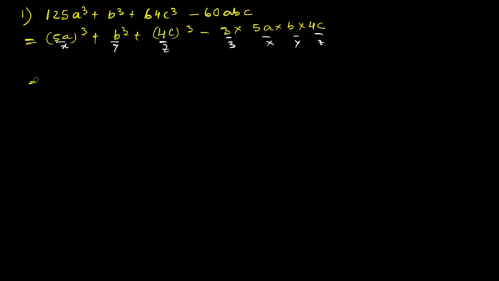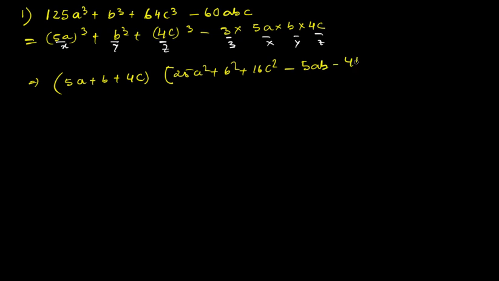So we know this should be equal to (x plus y plus z) times (x square, so 25a square, b square, 16c square, minus ab, so 5ab, bc, ca, 5 into, so 20ac). Okay, so that's the factorized form of the first question.